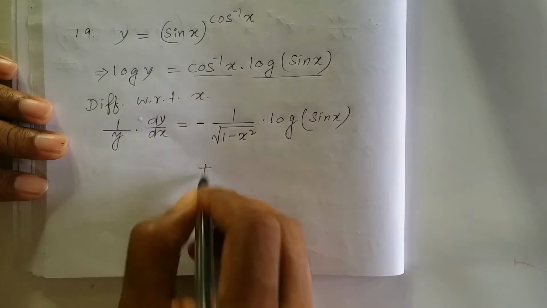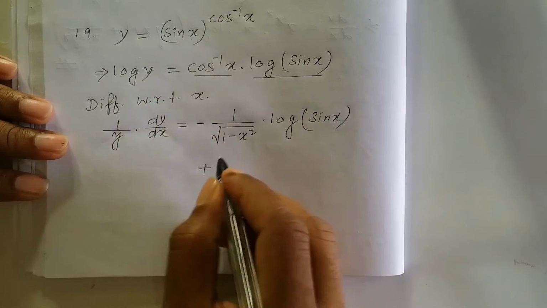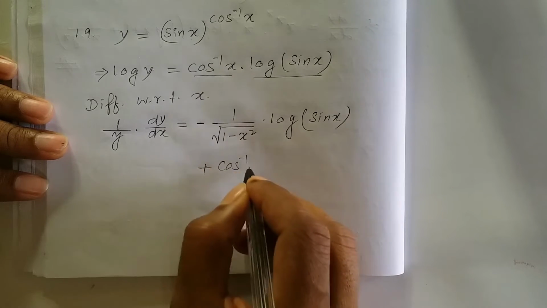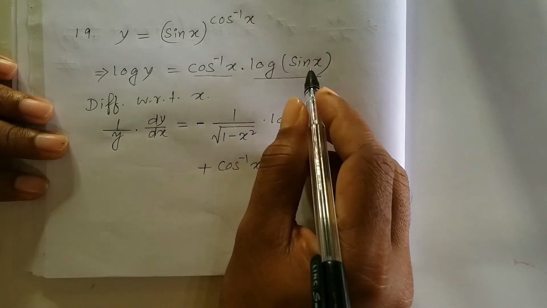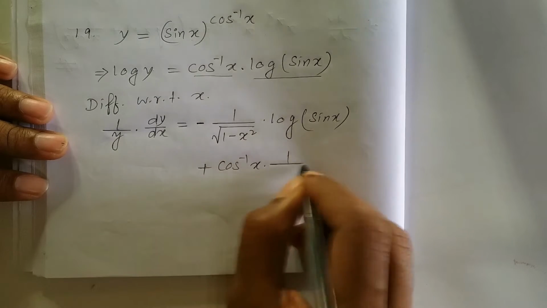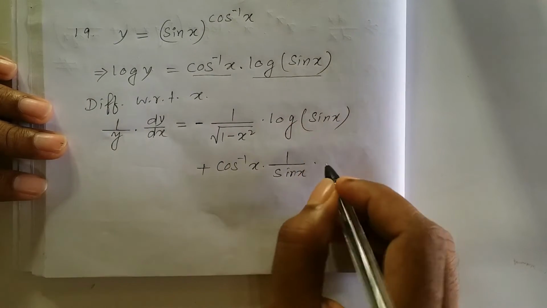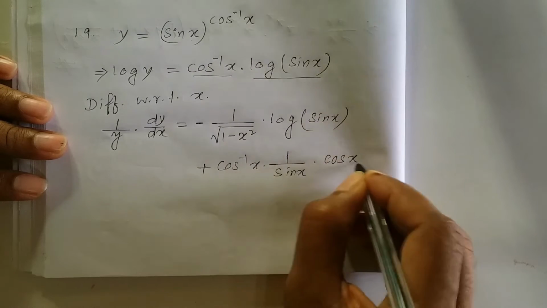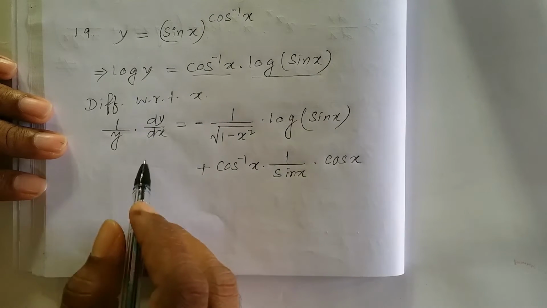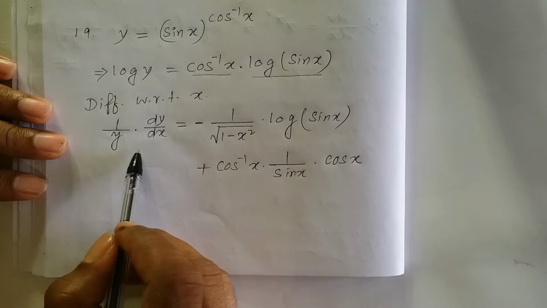Then compulsory plus. Now cos inverse x remains same into log function derivative is 1 by sin x, and for sin x by chain rule derivative is cos x. We need only dy dx, no terms involving dy dx except this term.